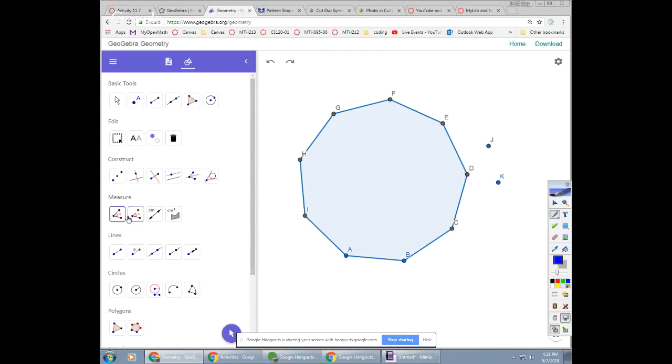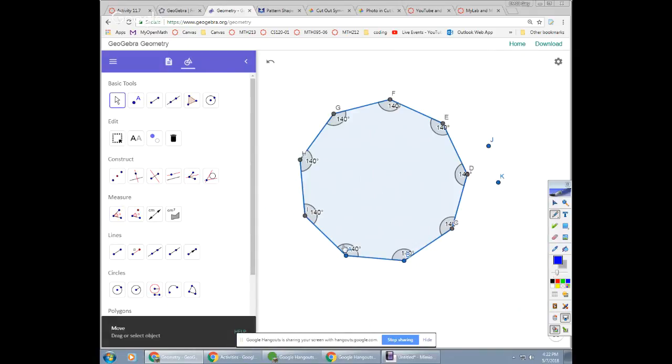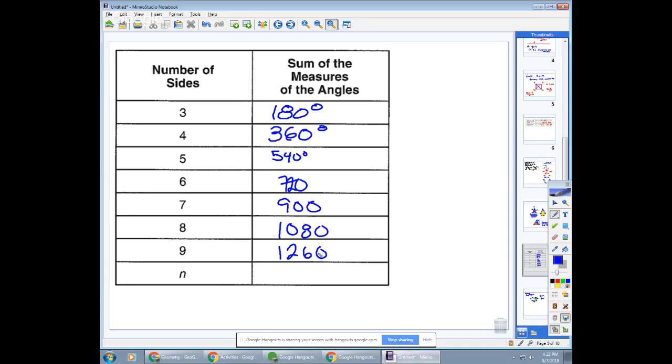Undo. If I click the angle measure tool and then I click on the polygon instead of 3 points, it'll measure every angle. So here it's saying in a nonagon, in a regular one, each angle is going to measure 140 degrees. So anybody with a calculator, what's 9 times 140? 1260, which is just what we came up with before.